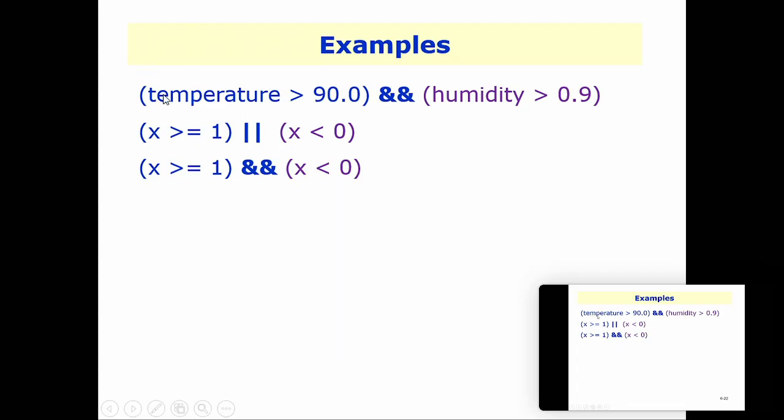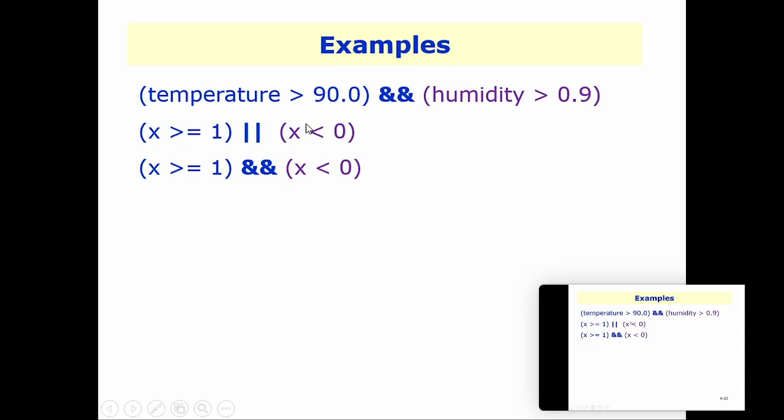So this is example. Temperature is larger than 90, and humidity is larger than 0.9. So to make it true, you have to satisfy both conditions at the same time. And then next, x is larger than or equal to 1, or x is less than 0.